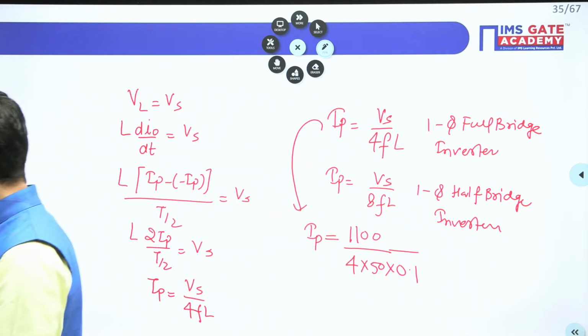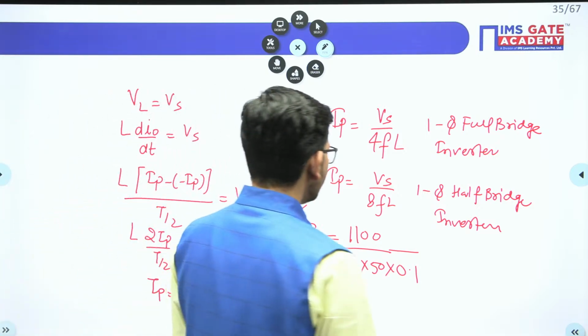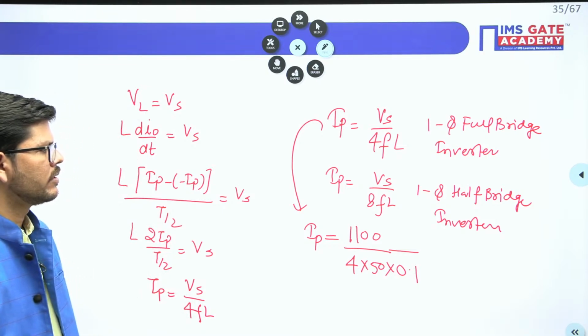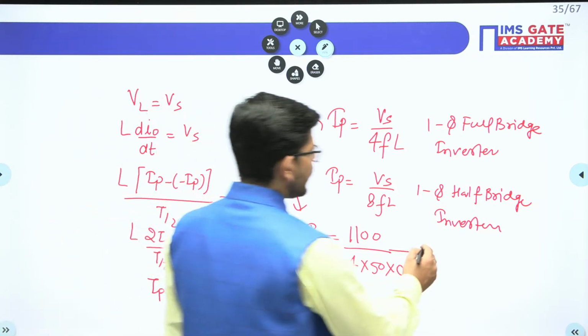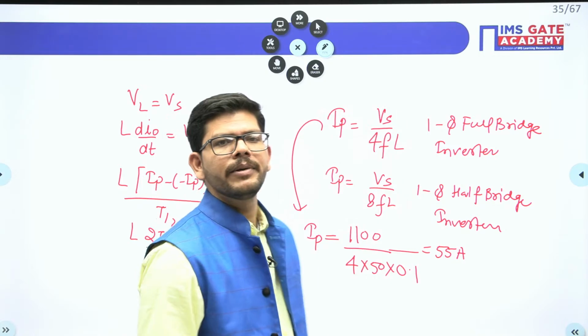Can you calculate this for me? This will be 55 amperes. So this will be the Ip value.